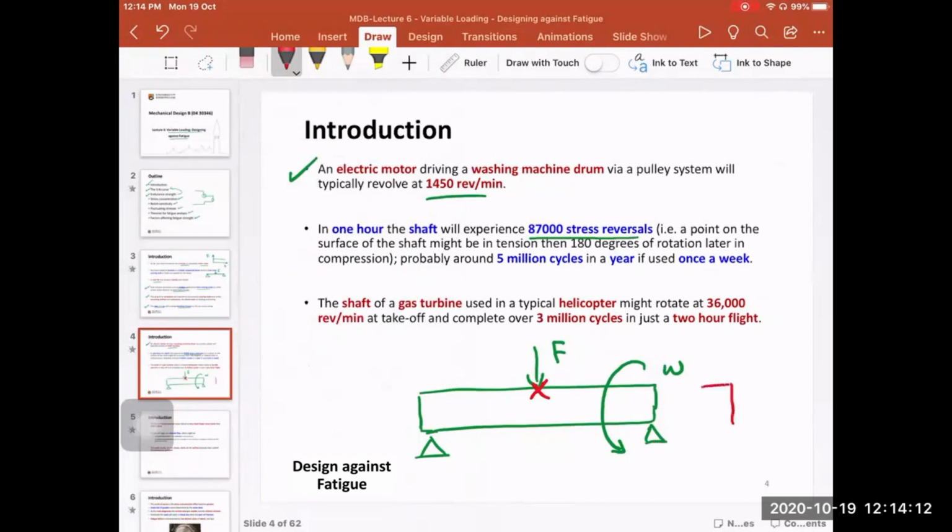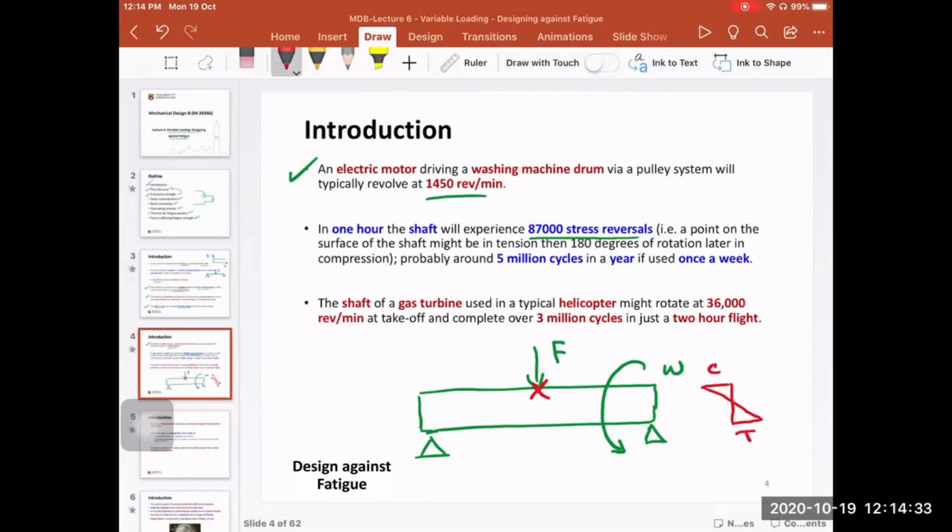So we have tension here, and then we have compression, and at the neutral axis we have zero. At this point, it's the other way around. So what we see here, we have tension at the bottom and compression at the top.